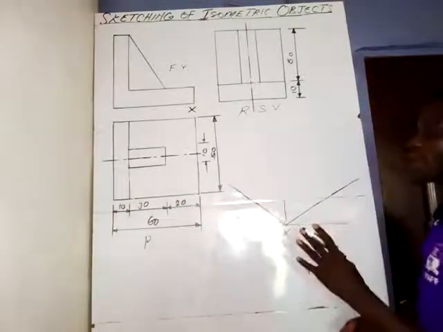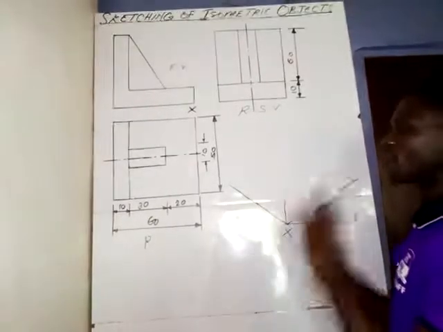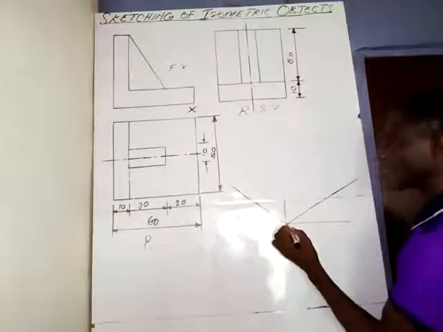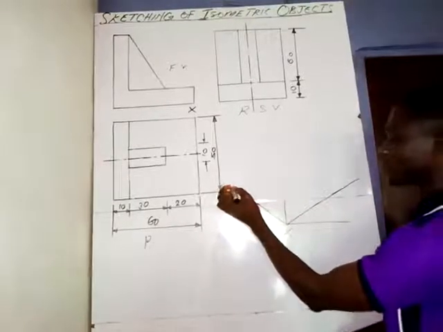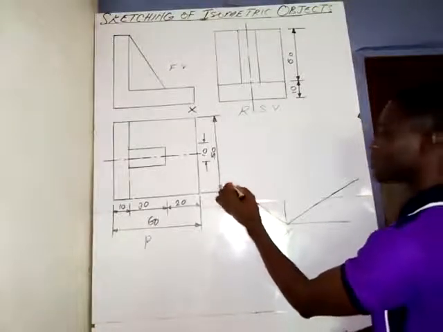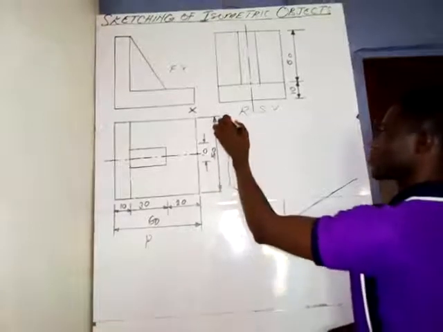Take your ruler. These lines that I've drawn are drawn freehand. So take a ruler and take a measurement of 60 millimeters from here to here. Okay, so here we have 60 millimeters. At this point, draw a vertical line like this.